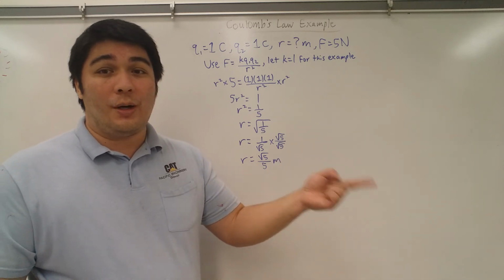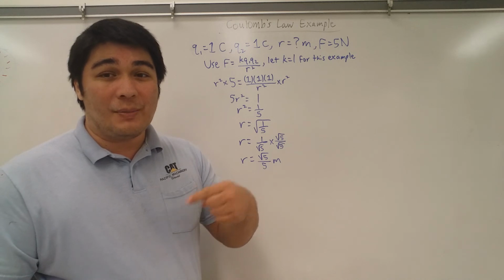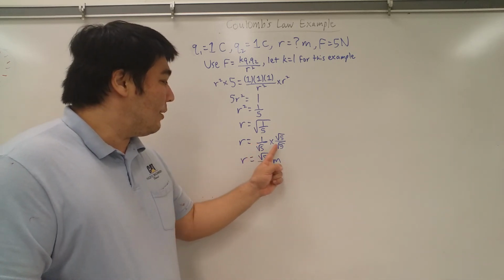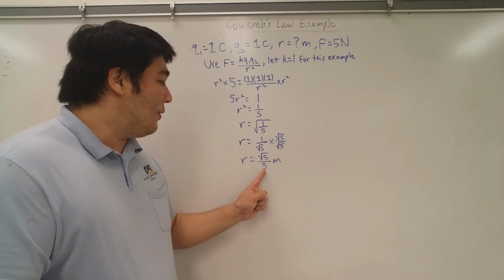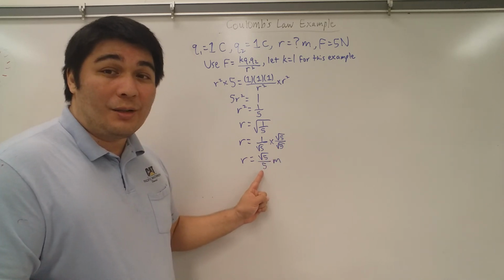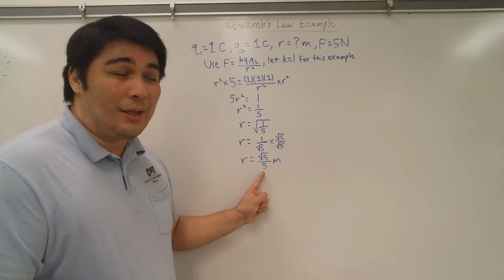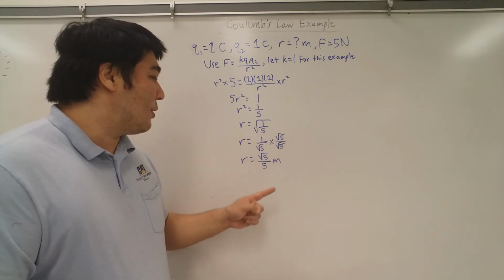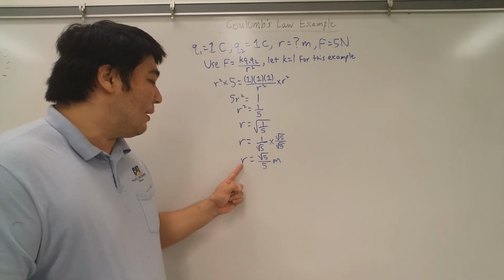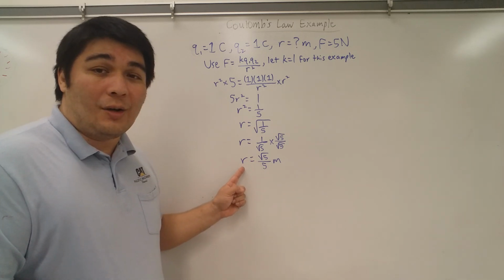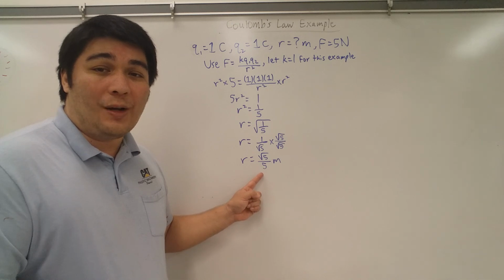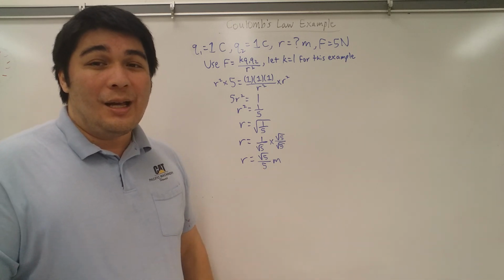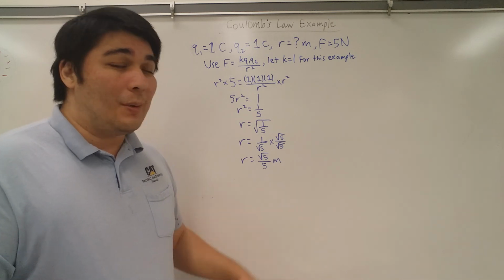Since the square root is the inverse of something being squared, those square root signs cancel out, and so you've got just regular old 5 in the denominator. Of course, we have to multiply the numerator. 1 times square root of 5 is still square root of 5, so we've got our final answer of R equals square root of 5 over 5 meters, because we want to make sure we answer the question with correct units. So that's how to answer number 20 in the Coulomb's law example.